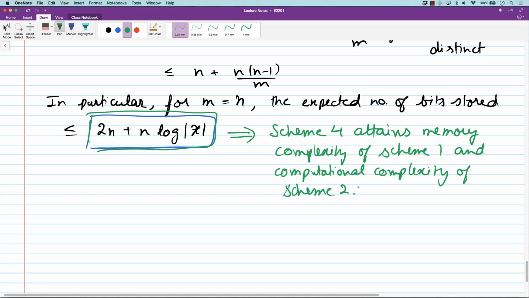So this is, in this sense, the best of both worlds scheme. Okay. Now, so for search complexity of 1, we have brought down the memory complexity to order n.